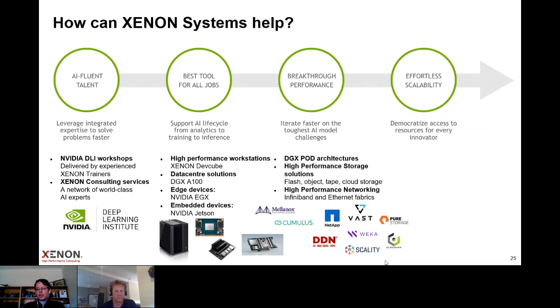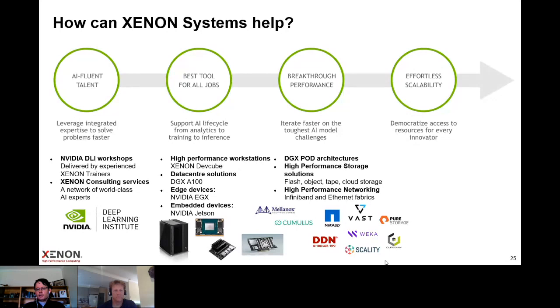For DGX pod architectures, we can then integrate with large storage systems, with high-performance network fabrics. We have years of experience deploying storage solutions, be it flash, drive, object storage solutions for large capacity, tape, and also cloud storage.